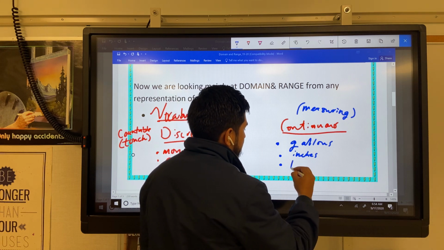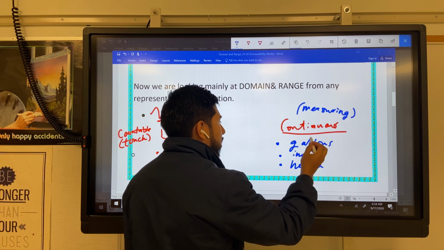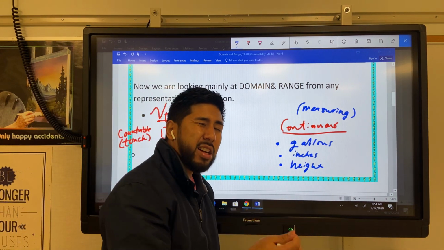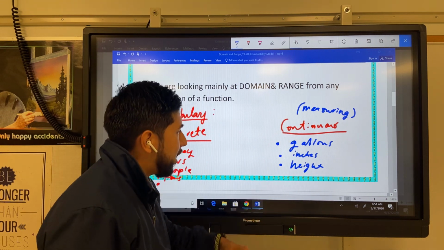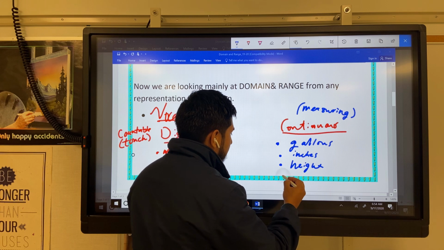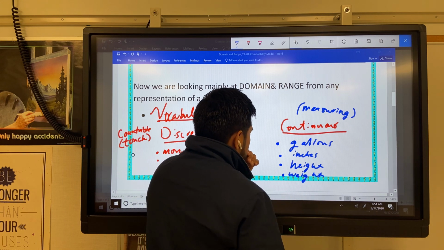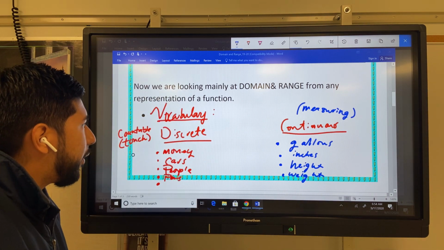I know height. Yeah, you can see the numbers on all these examples, but we cannot touch it. We can't physically touch our height. We can't physically touch gallons. We can't touch the inches. Another one is weight. And that's going to be the difference.